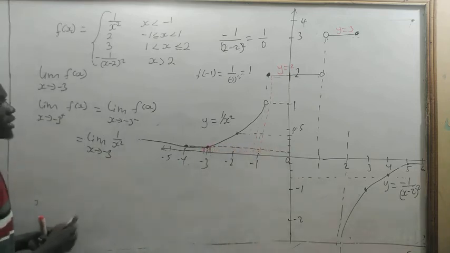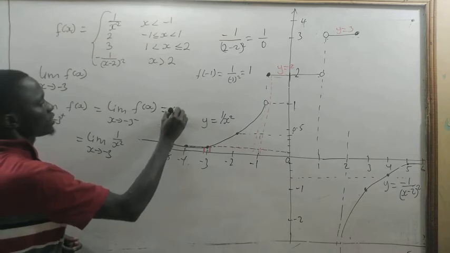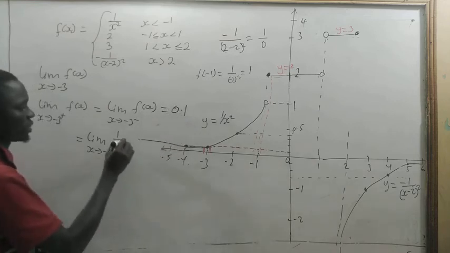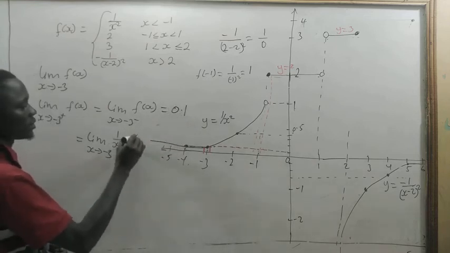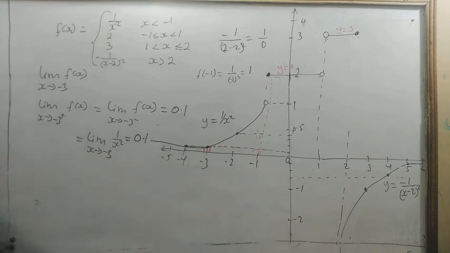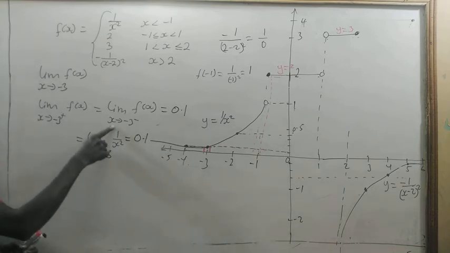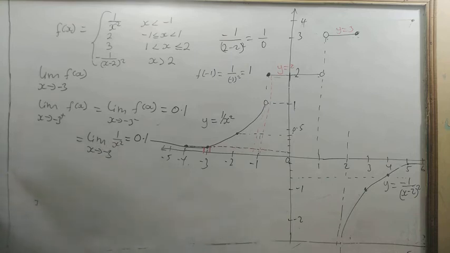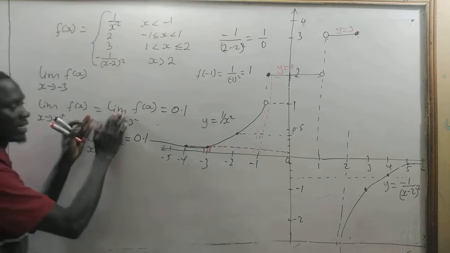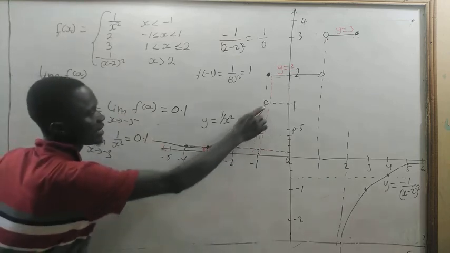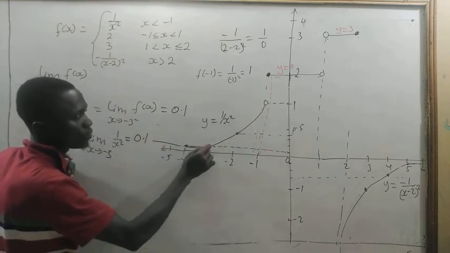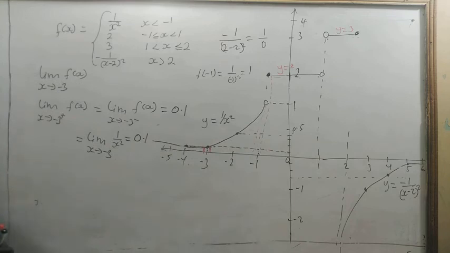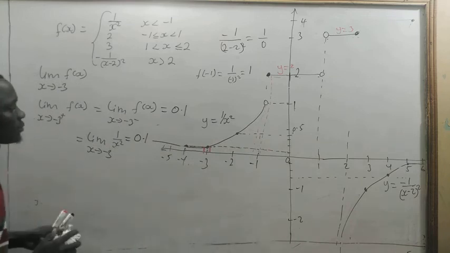Positive 0.1. So the limit as x approaches negative 3 of 1 divided by x squared is positive 0.1, for both the left hand limit and the right hand limit are defined by the same function. So that is what we have there. Let's take the next one.